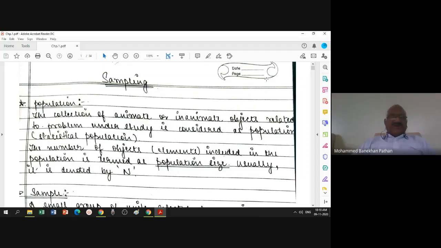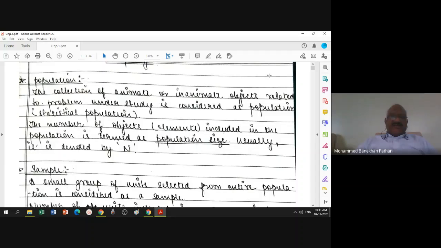How it is different, you will understand by looking at the definition of population, which is also named statistical population. Firstly, I define it, and then I will tell you why the difference comes between the sociology concept and the statistical point of view.